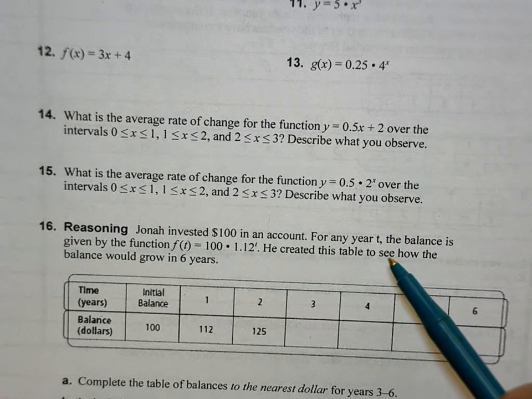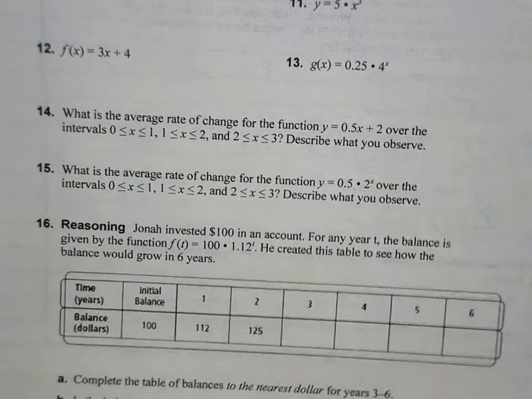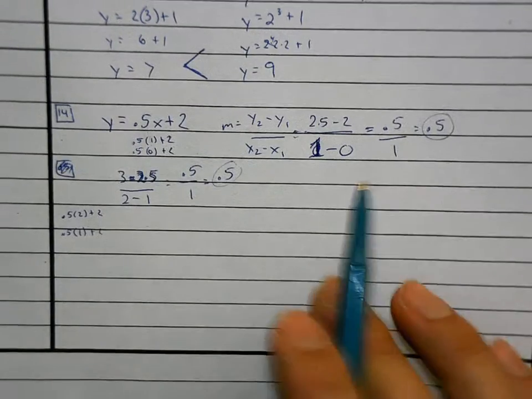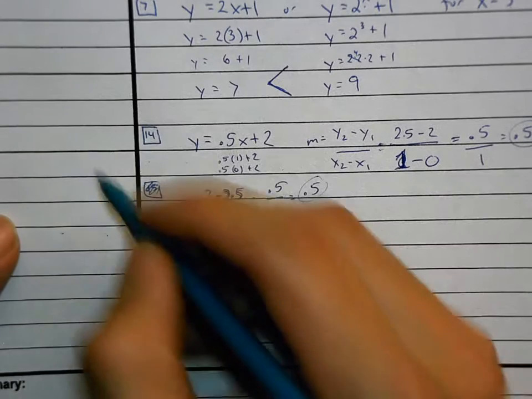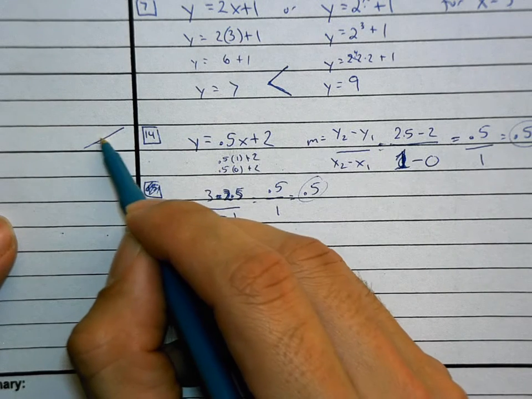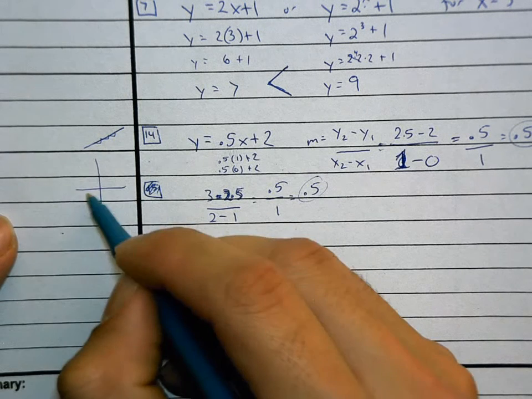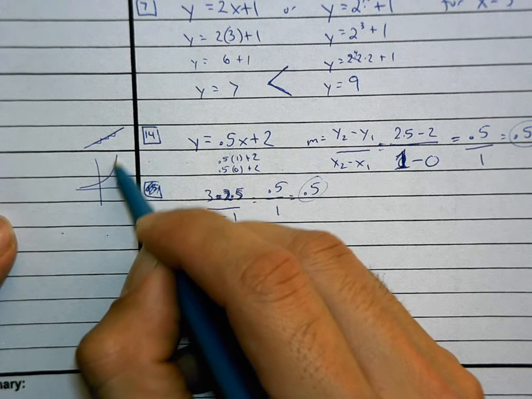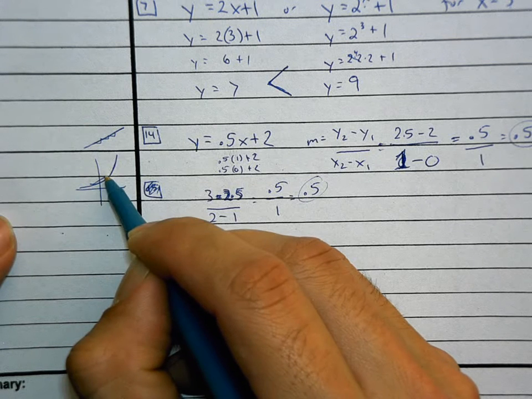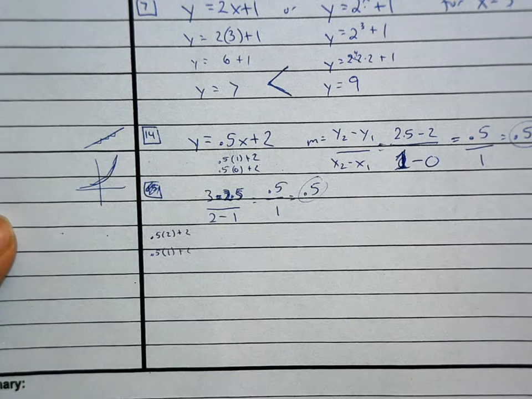I'm going to give you a hint. I'm going to give you a picture of what we're doing on 14 and 15. For one of these, the rate of change is going to be the same. But for the other, because of what's happening, our rate of change will be different between the intervals.